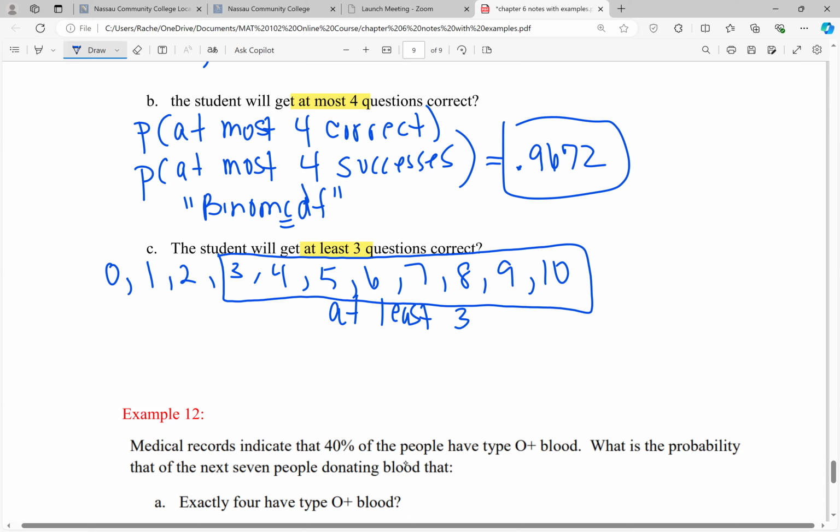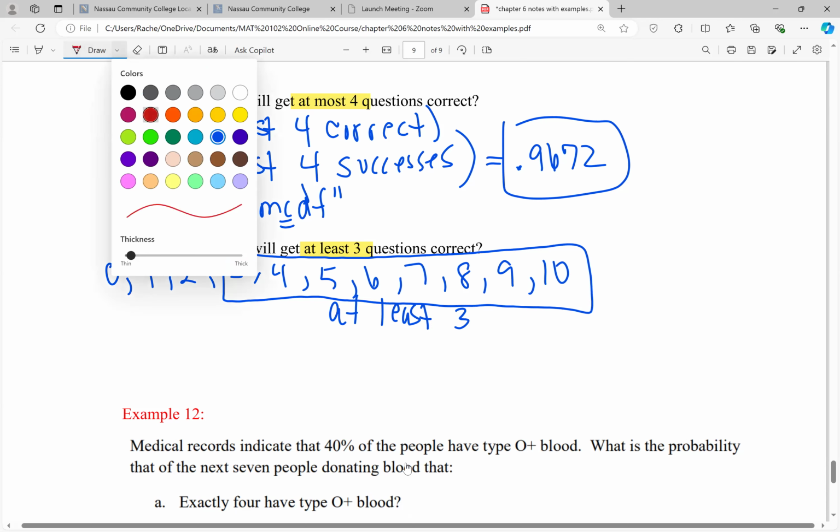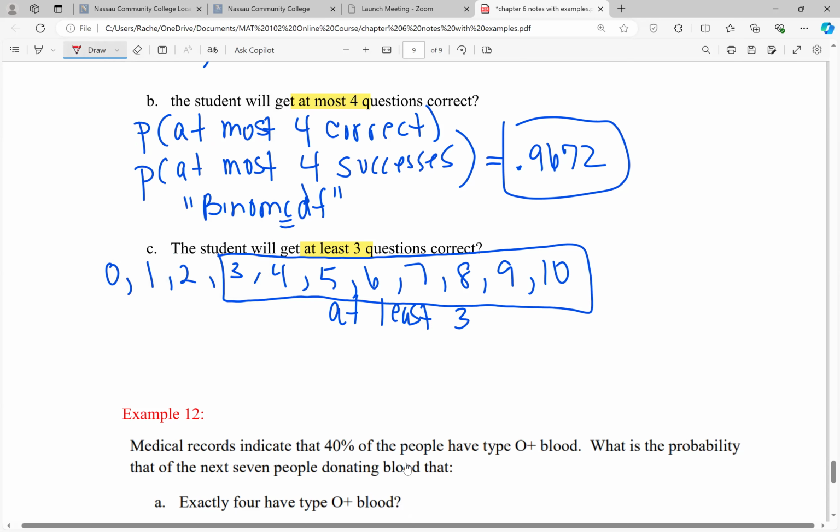Remember what I said, we don't have a function in the calculator to calculate at least 3 successes. But I do have a function in the calculator that's going to calculate at most, right? So what if we did this? What if we took at most 2 successes, right?